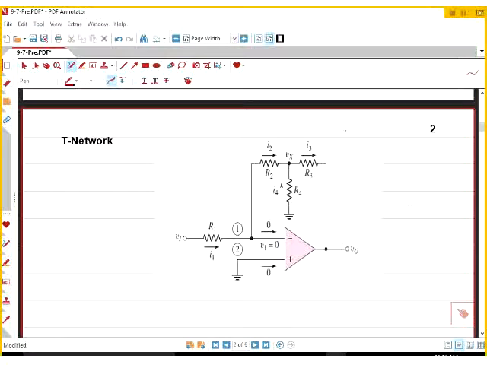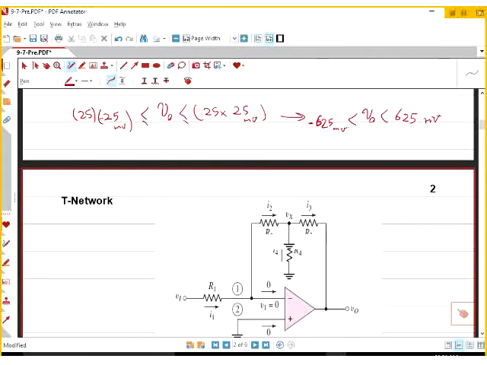So the I1 for this problem is right down here. I1 basically is VI divided by R1. I4 is minus Vx divided by R4. I3 is Vx minus Vo divided by R3.